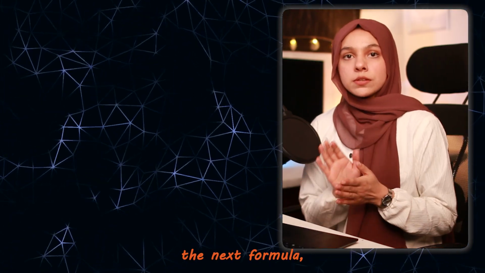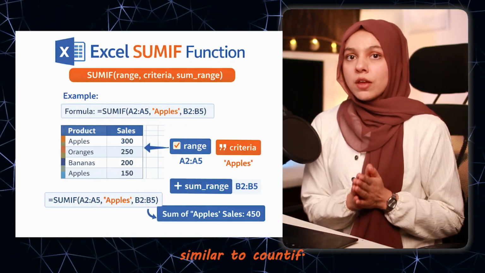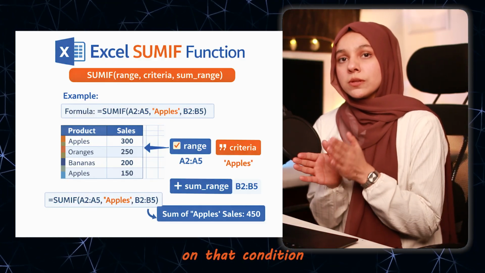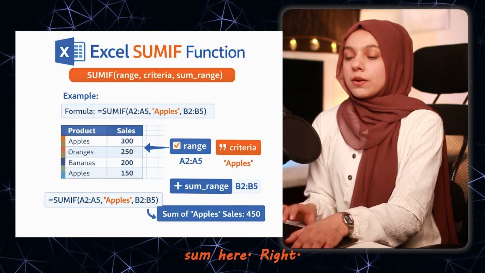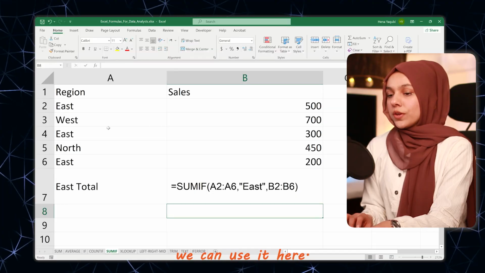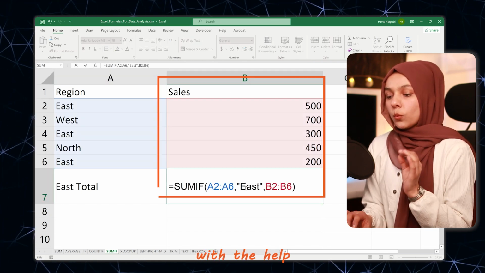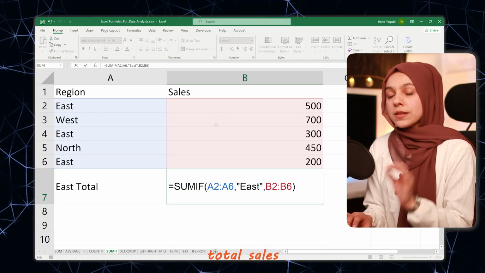Now let's go to the next formula, which is SUMIF. SUMIF is kind of similar to COUNTIF, but the only difference is that we set a condition here, and then based on that condition, we add numbers together, because we use SUM here, right? So let's go and see how we can use it. Here, for example, we have region, and here we have sales. With the help of the SUMIF function, we can find out total sales per region.